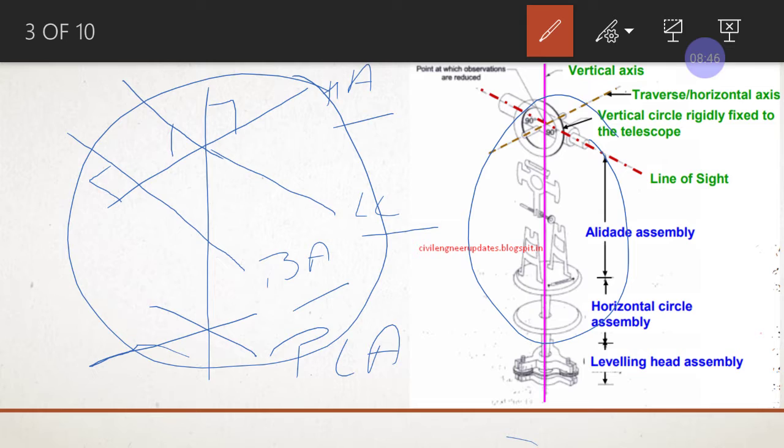This question is asked for around 5 to 10 marks. Sometimes it is asked for 10 marks, sometimes for 5. So this is a very important point. Just remember the relations and the diagram. If you remember the relations, it becomes very easy.